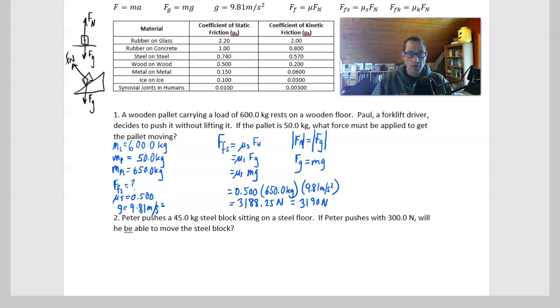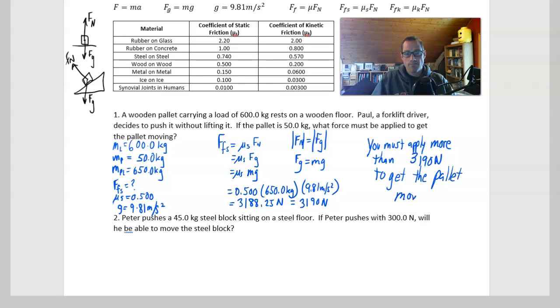So you might say you must apply more than 3,190 newtons to get the pallet moving. So that's what Paul the forklift driver would have to do. Okay, so that's question 1.